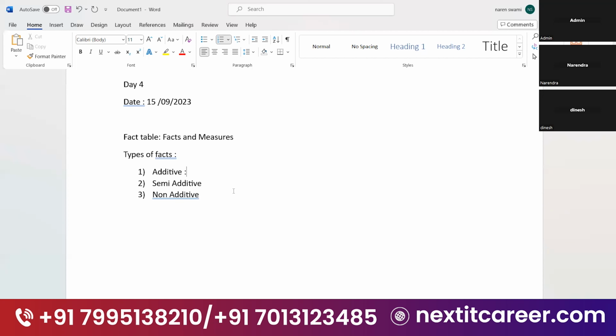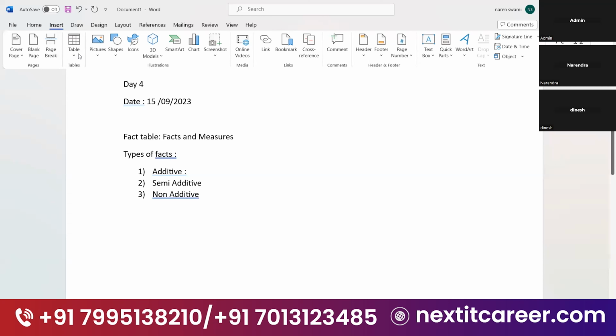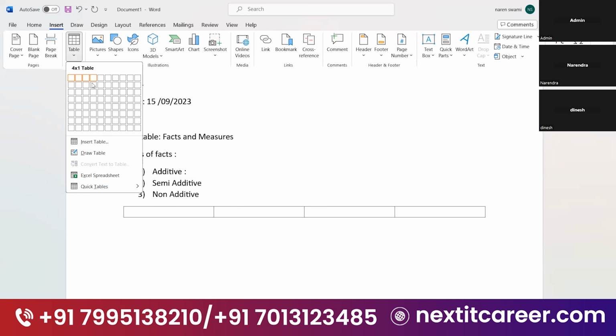Additive means, as I said, I took one example yesterday, a product table or store table.